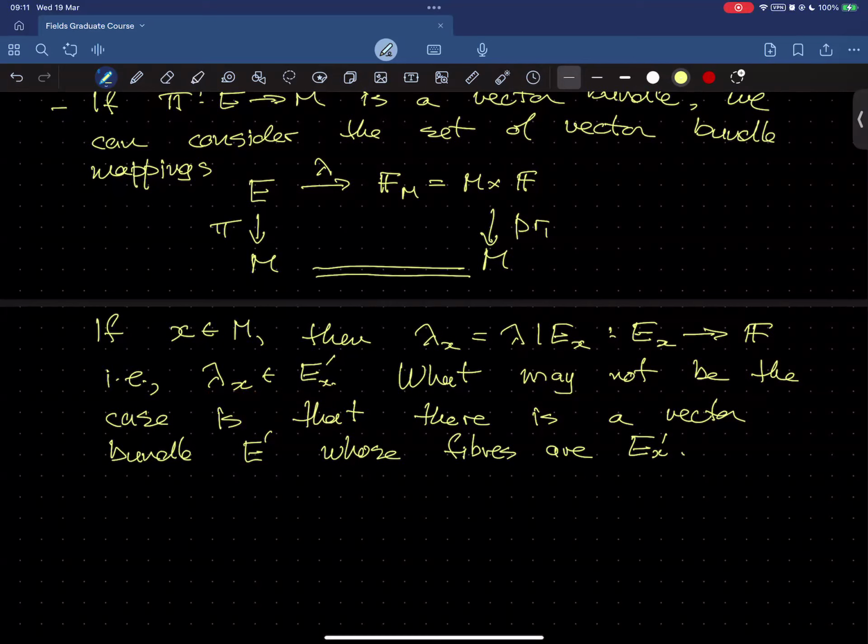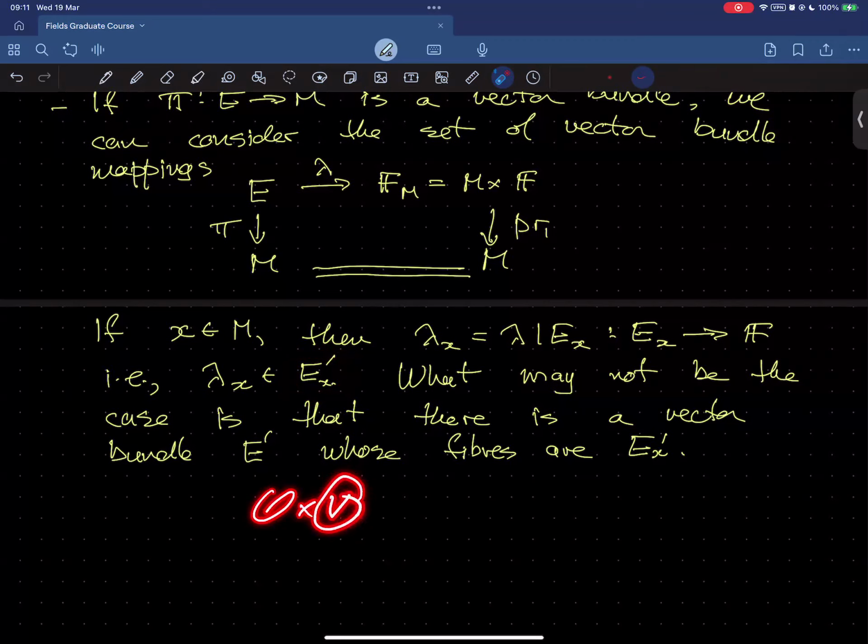Well, this corresponds to the fact that on the topological dual of a locally convex space, there is not a natural topology, and we need to have topologies for the fibers in order to make these things into a vector bundle in the sense that we've talked about, because a vector bundle is something that locally looks like an open subset cross V, and V is a locally convex space.